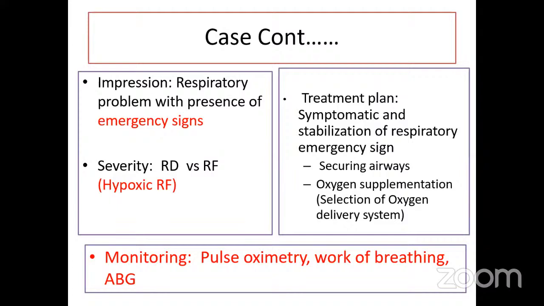Respiratory failure can be of two types, type 1 and type 2. Very easy to remember. Type 1 contains only one entity, that is hypoxia, and type 2 contains hypercarbia as well as hypoxemia.